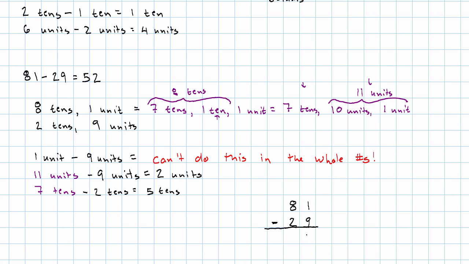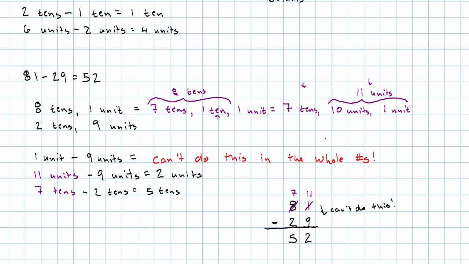When we go to subtract down the columns, though, we can't do this. And so instead, we take one of our tens and we split it up into 10 units. And then we subtract 11 minus 9 is 2, 7 minus 2 is 5, and we get our 52.